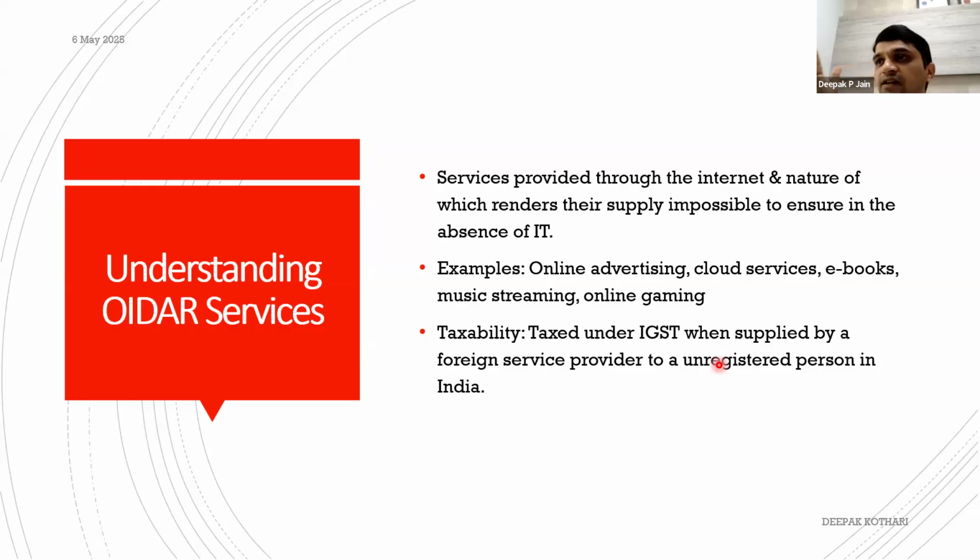Such services which are downloadable and can be used later on, I would not treat them as OIDR services, because the important condition of OIDR is it should be usable when you have the internet on. Only such services will be treated as OIDR services. If you can download it and use it later on, then it will not be treated as OIDR services.